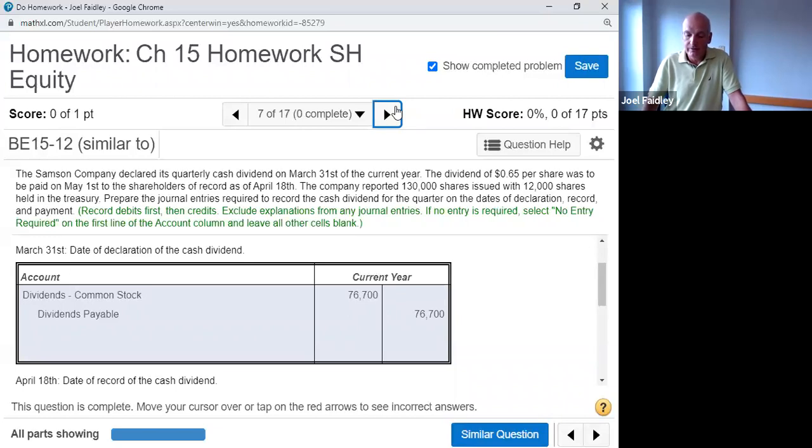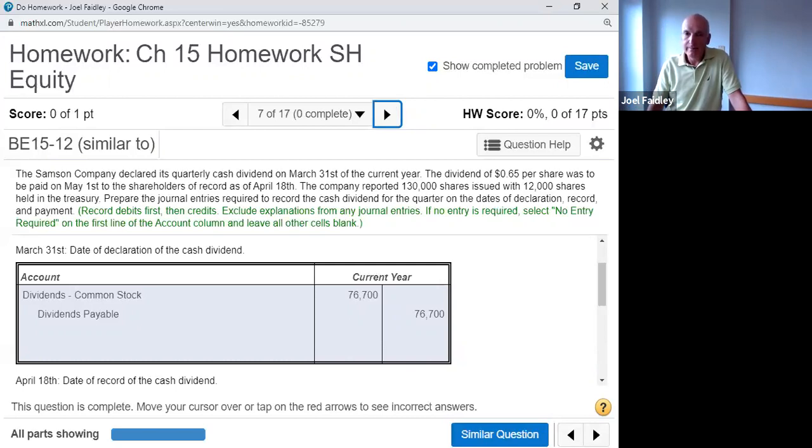So 130,000 minus 12,000 is what? 118,000 shares. So 118,000 shares times 0.65 is 76,700. I don't need to go over and put that on a notepad.